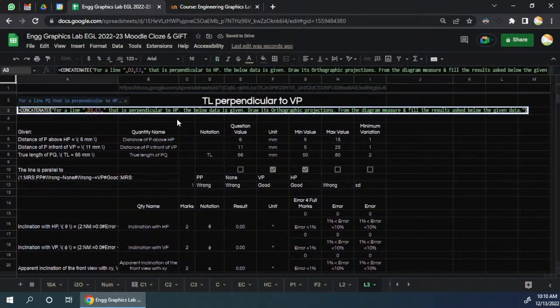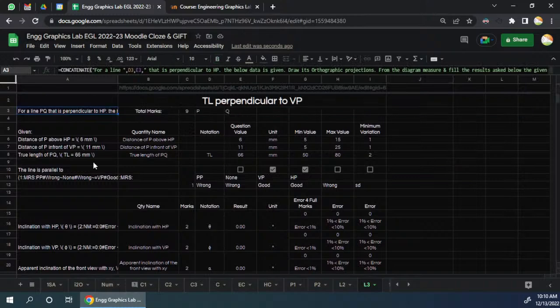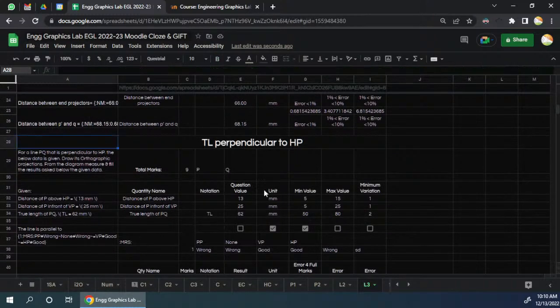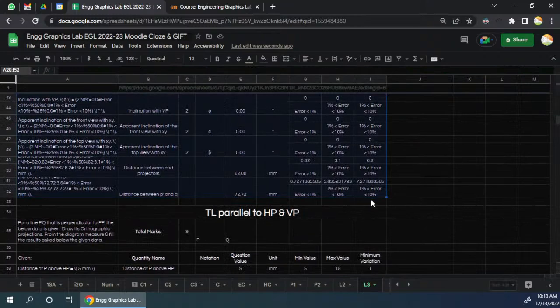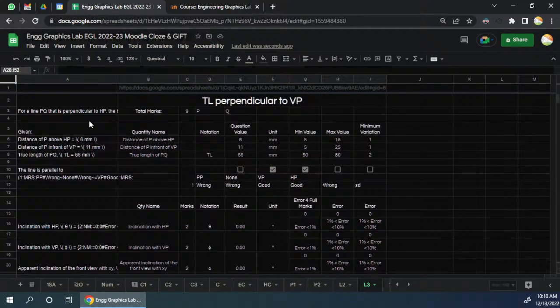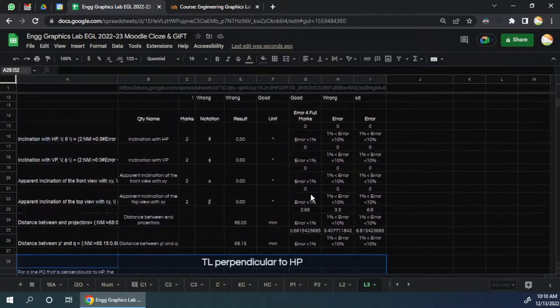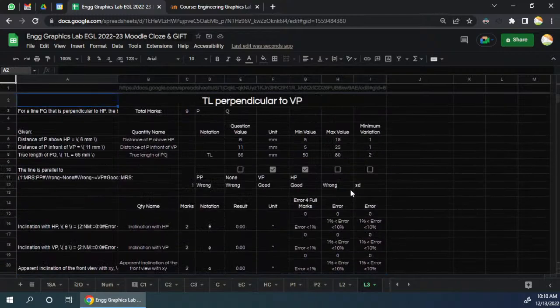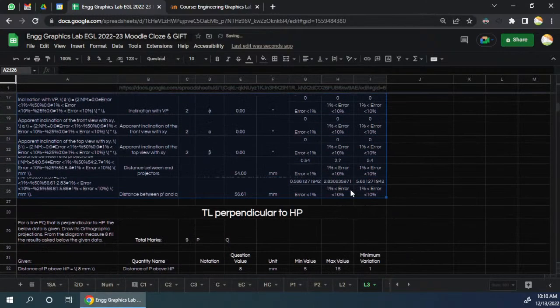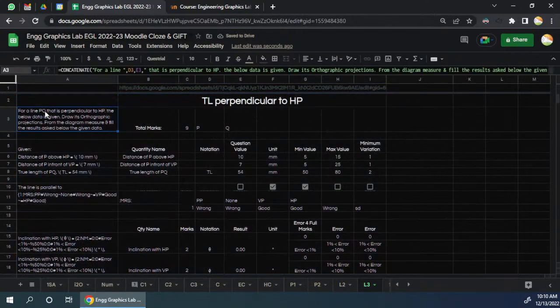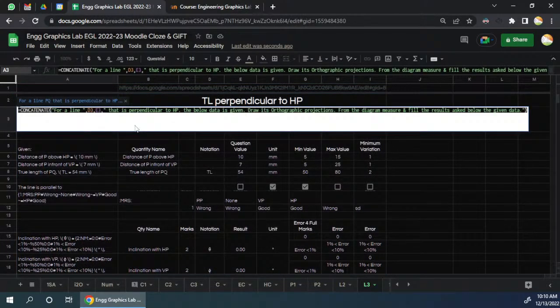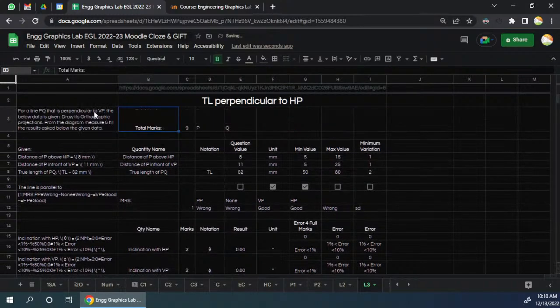I don't know why this thing changes every time we copy paste. Yeah, right at the top, that looks better. Alright, so we have to modify this: perpendicular to VP. This is what we want, and we can give a different name to this.